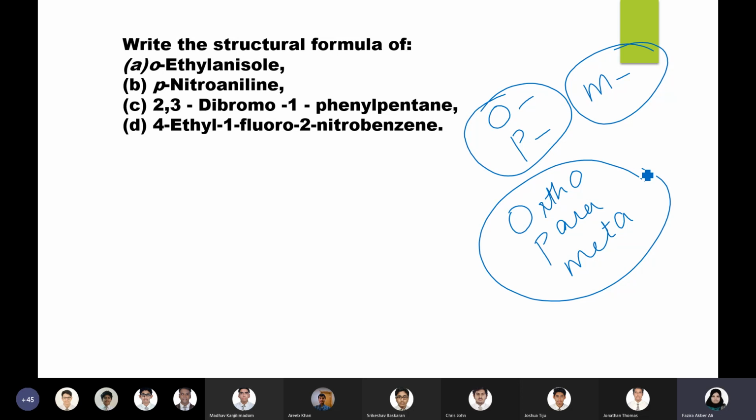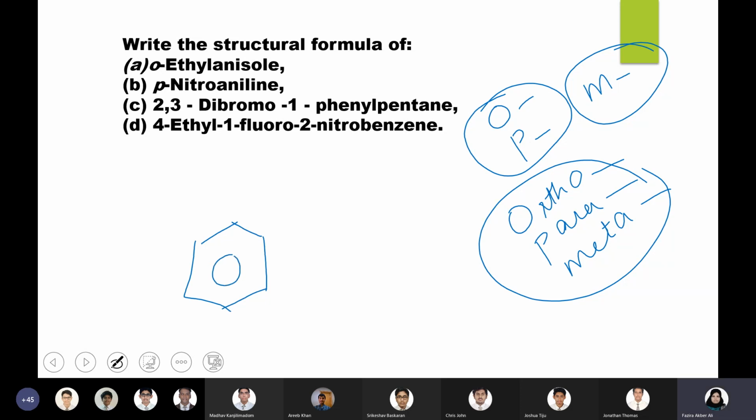And if the question is about IUPAC naming, then you should not be using these terms. So these terms are associated with the common naming system. And in order to understand what is ortho, para, and meta position, let's look into the benzene ring.